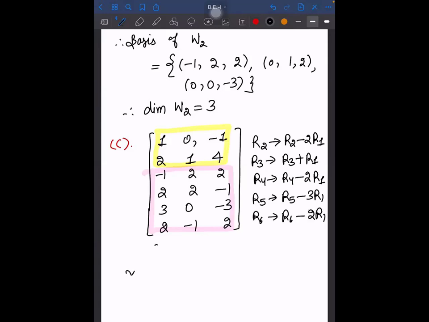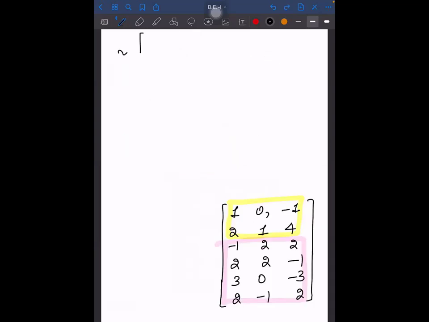So now we shall have, I guess we should move to the next page. 1, 0, minus 1, 0. So here you multiply by 2, just a minute. Yeah. So you multiply by 2 and subtract, no matter, doesn't make any difference. So multiply by 2 and subtract, it will become 6.